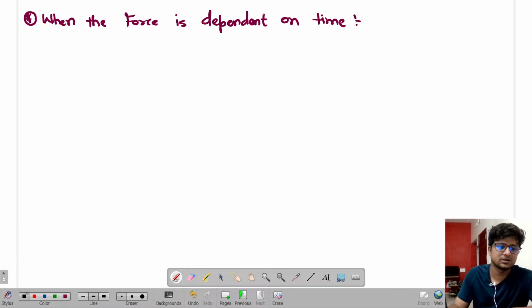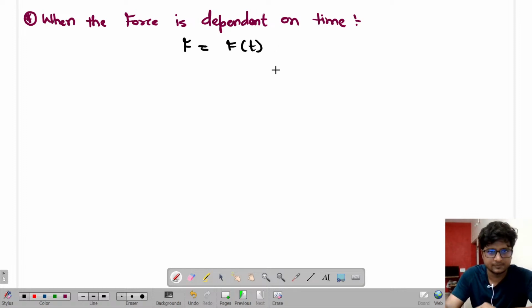I write F as F of t, a time dependent force. So if force is a time dependent force, I can write it as m dv by dt. Correct?